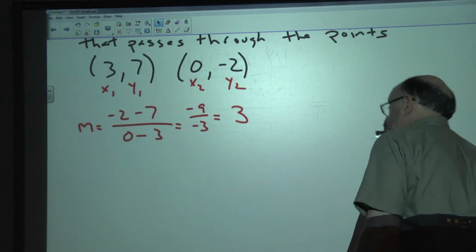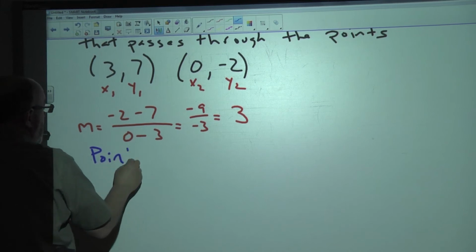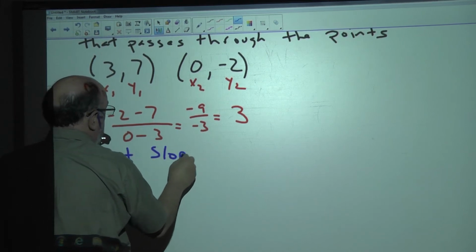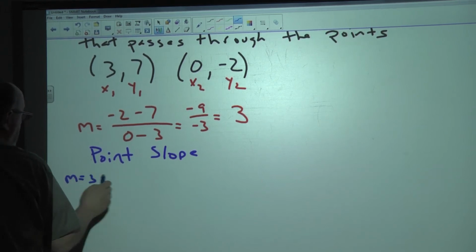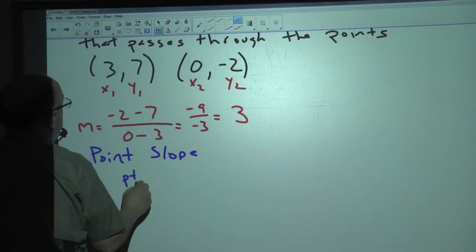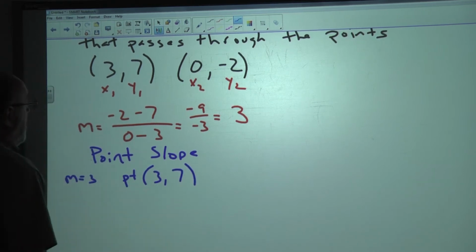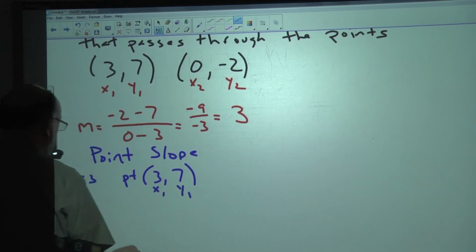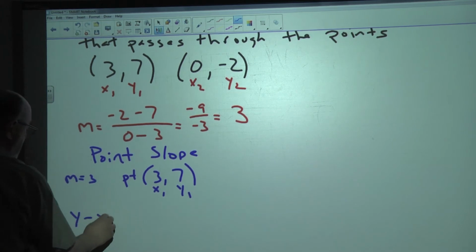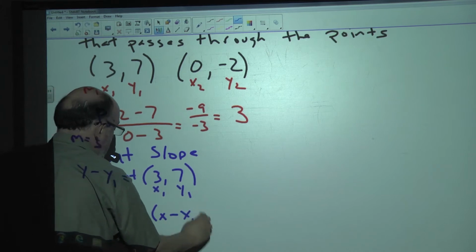Okay? So in terms of point slope, if I first take that my m is 3, and my point is (3, 7), we would then take these 3 numbers, so we would call this our x1, and this is our y1, and we're going to plug it into this formula.